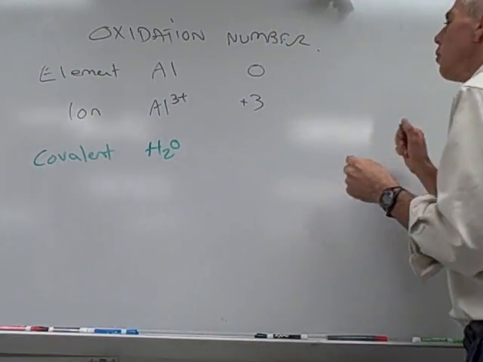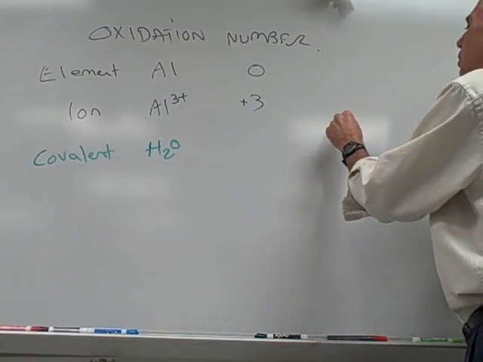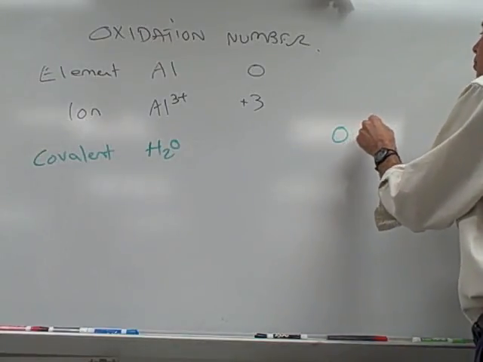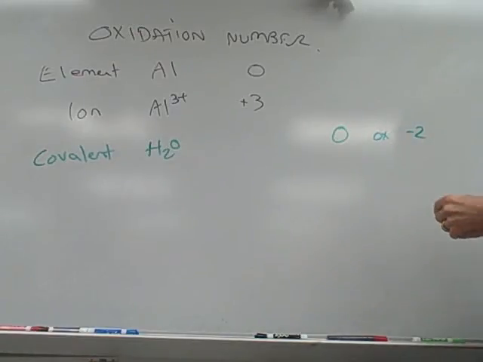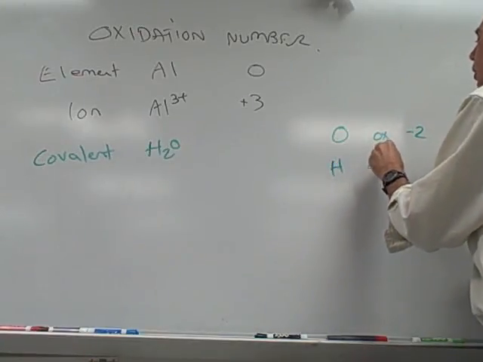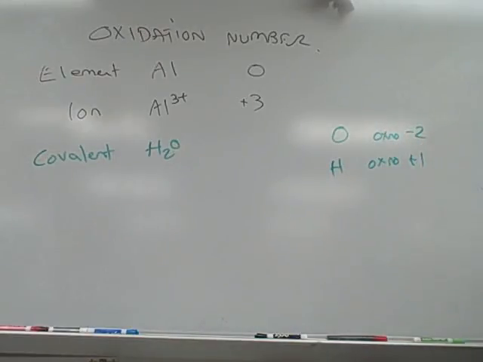There are two elements in water, hydrogen and oxygen. Oxygen's oxidation number is almost always -2. Hydrogen's oxidation number is almost always +1, but not always, just mostly.